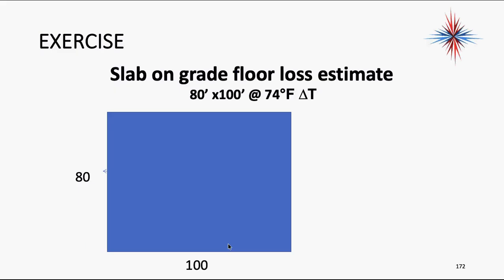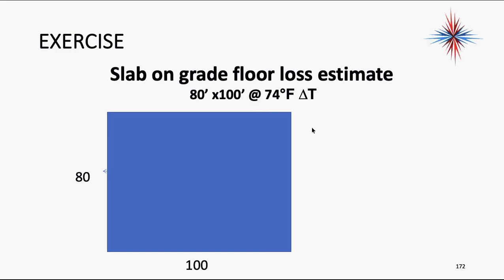So here we have a slab on grade. It's 80 by 100, so we're talking 8,000 square feet. The delta T is 74 degrees. It's a pretty big delta T, actually. Difference between indoor and outside, 74 degrees.